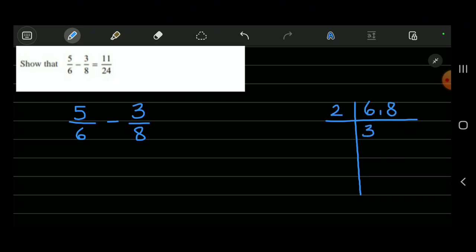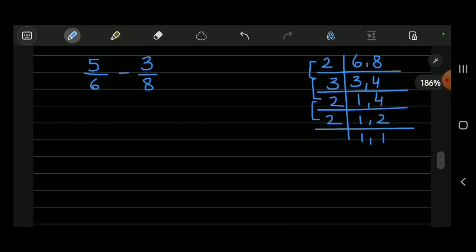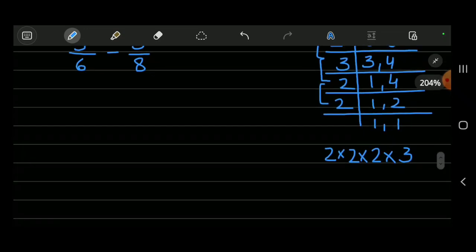2 threes are 6, 2 fours are 8, 3 ones are 3. So the product of common and uncommon factors would be the LCM, so 2 into 2 into 2 into 3 is your LCM.